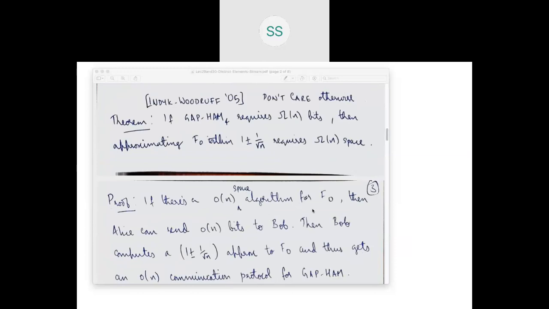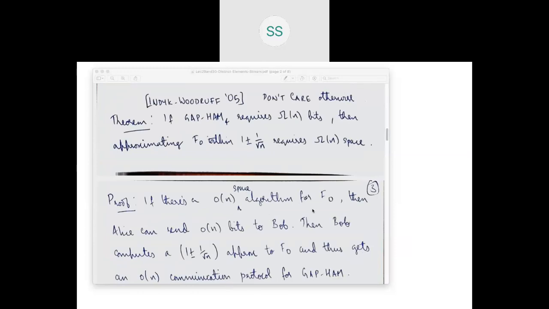So now what remains to show is that there is no such one round protocol. Notice that the protocol for gap Hamming that was created due to this reduction was a one round protocol, because Alice sends Bob something and then Bob computes. That's it. There is no back and forth. Just Alice sending Bob something.